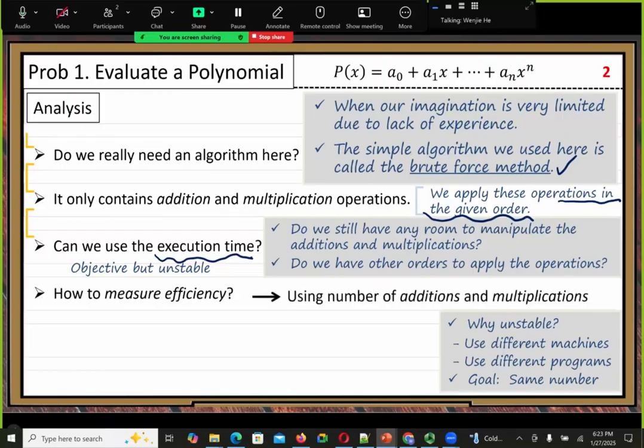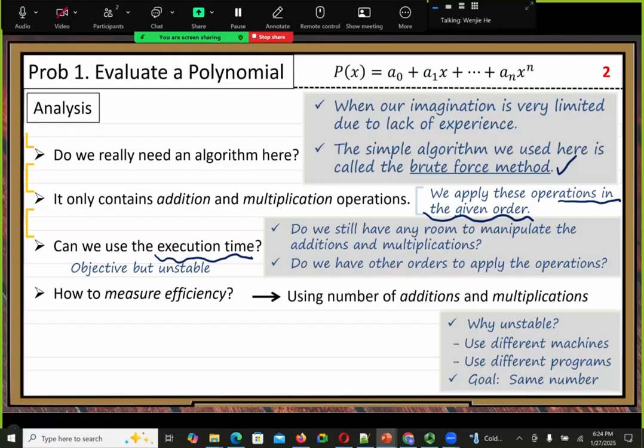How to measure efficiency? Here the answer is using the number of additions and the number of multiplications. How about that? That number is not related to hardware, right? On a supercomputer, you still need the same number of additions and the same number of multiplications.